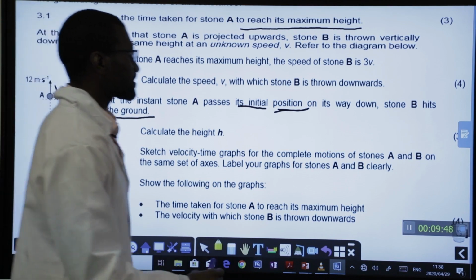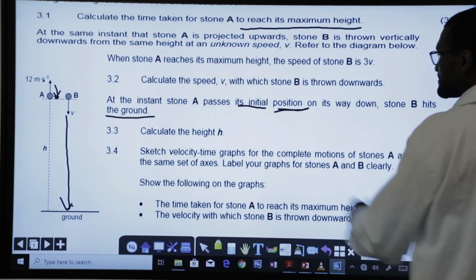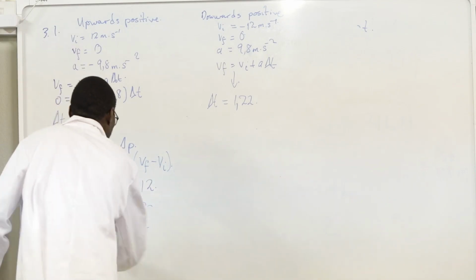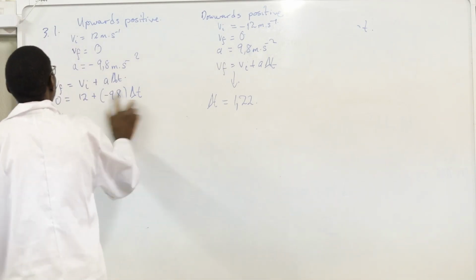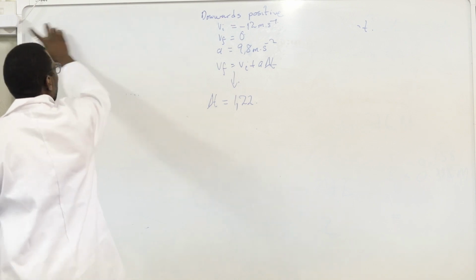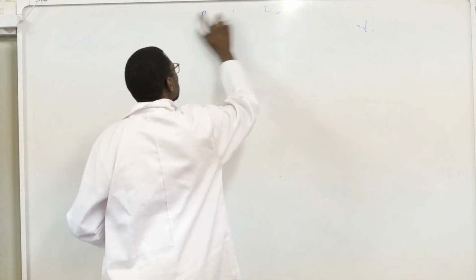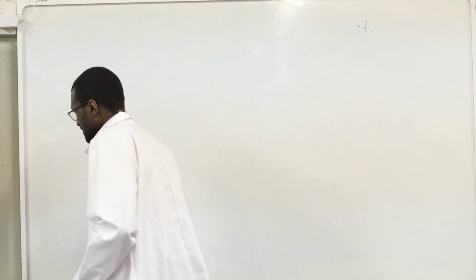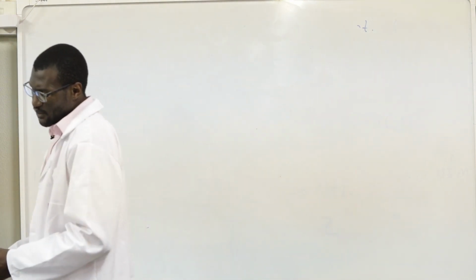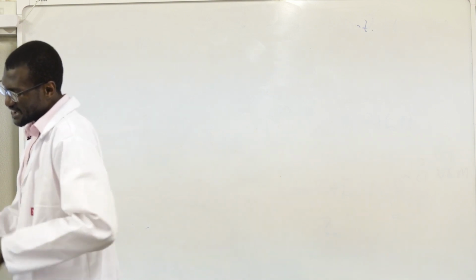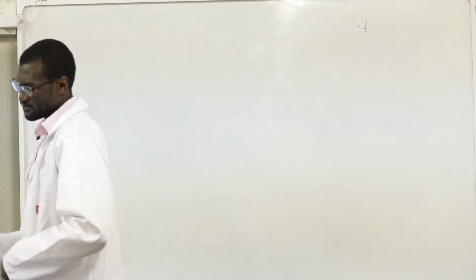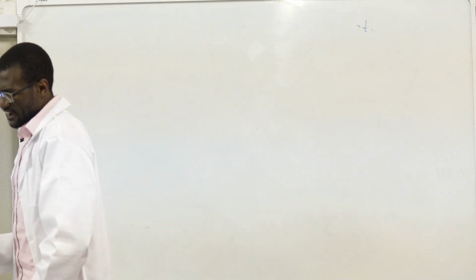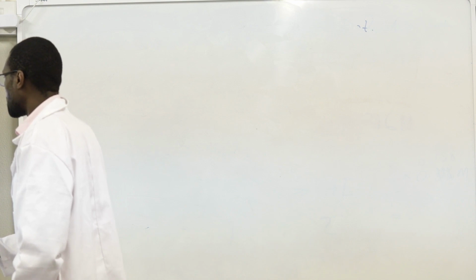The question now says, calculate the value of h. So what we are looking for is calculating the value of h. How are we going to do it? Finding the value of h. We are looking for the height h.